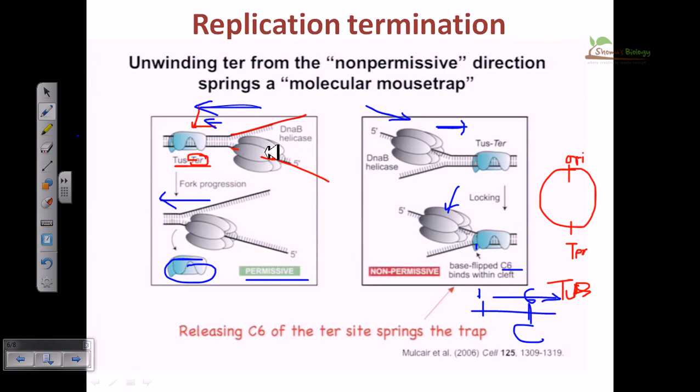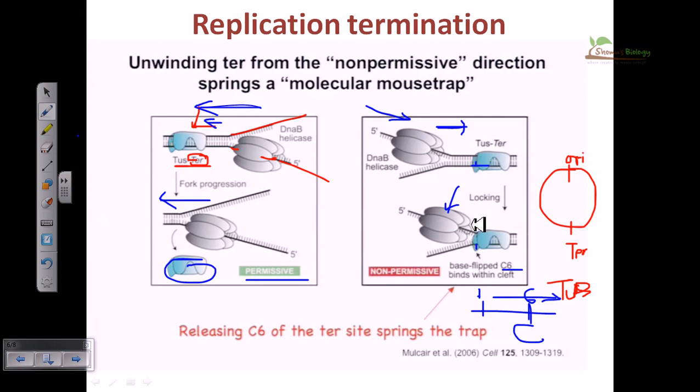Now in the previous case we can see the movement of helicase creates a strain onto this DNA strand. As a result, Tus protein leaves the termination site and DNA replication will go on. But in this case, when this helicase is coming from the non-permissive end, or the top side of the 5' end, it melts a region of this Tus interaction of this DNA sequence, which is the C6 region, and this base is flipped outside.